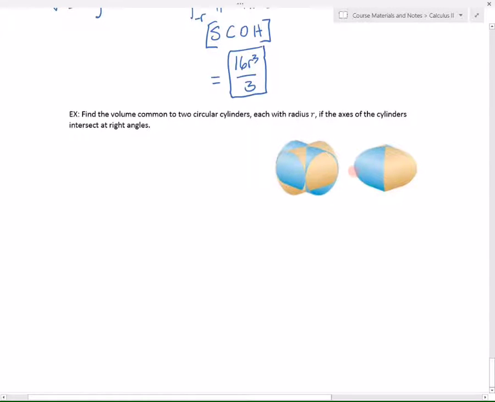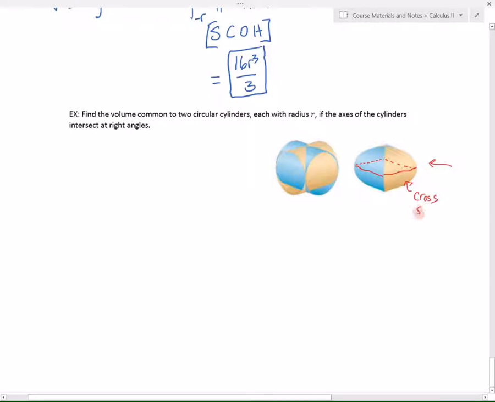The key to catching on to this problem and getting its volume is to recognize that if I were to slice this resulting figure at any particular height, what I end up with is a square.